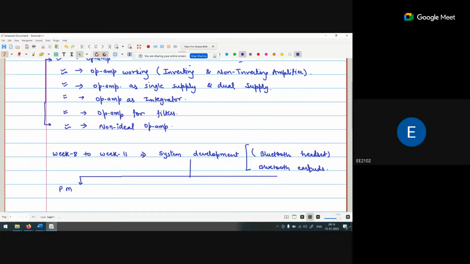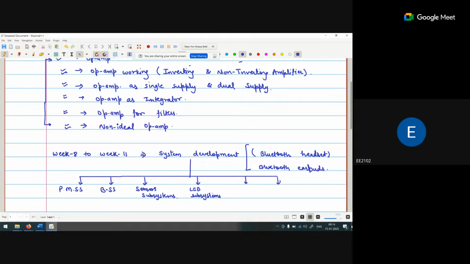Then one is the power management subsystem, battery subsystem, sensor subsystem, LED subsystem, and multiple more subsystems we discuss.